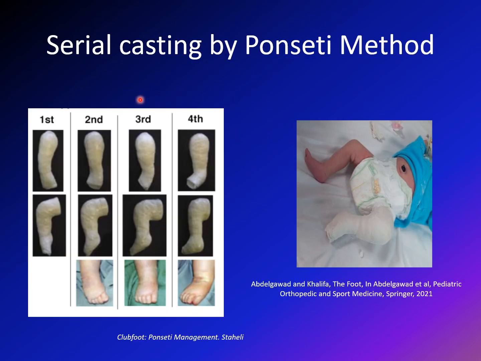As I said, if you want more details, you can go to the lecture of the clubfoot. However, briefly, we go into serial casting that's changed every week till the foot is fully corrected. And then based on the response of the equinus, the patient may require Achilles tenotomy that can be done in the office or in the surgery.